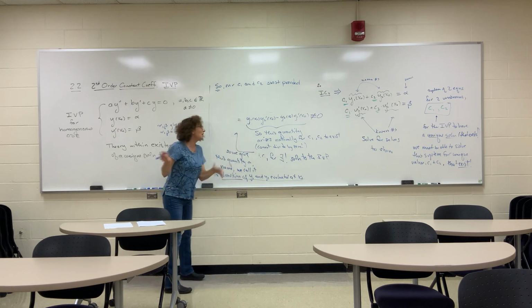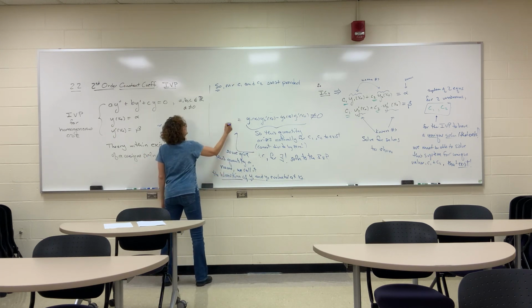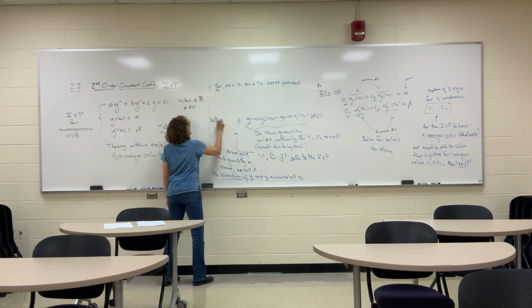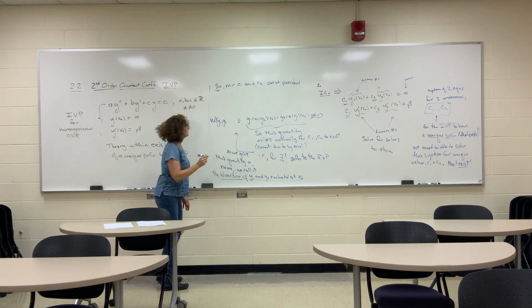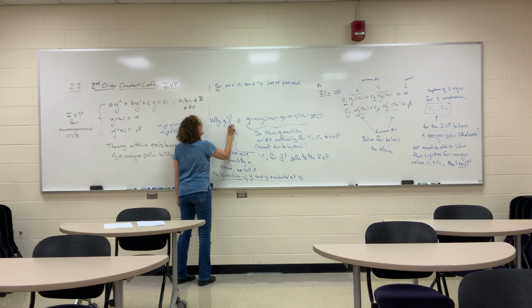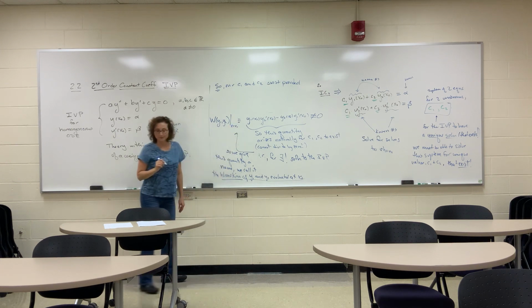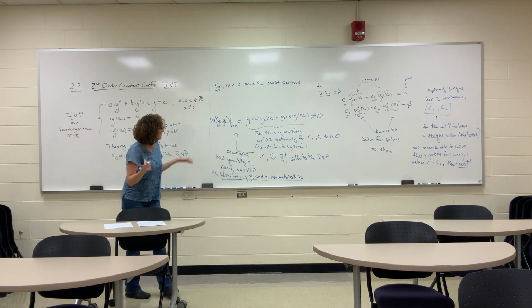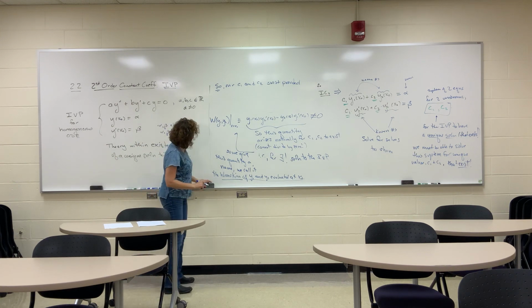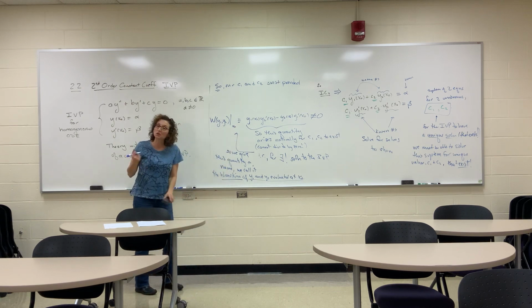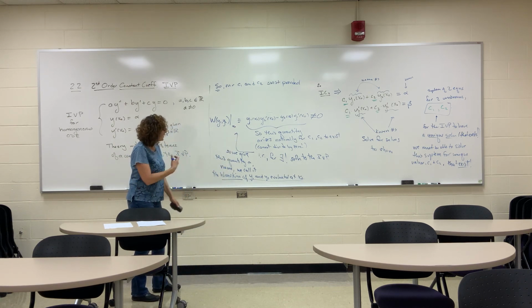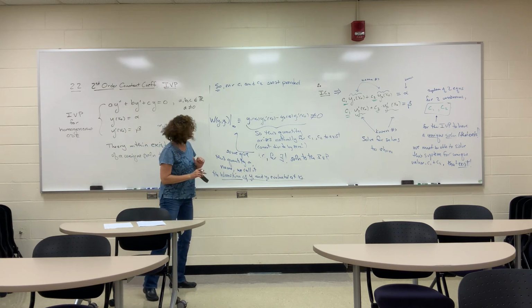We're going to define this to be the Wronskian, capital W, or sometimes people use a lowercase w, of y1 and y2, evaluated at x equals x0, or just evaluated at x0. That's totally fine too.